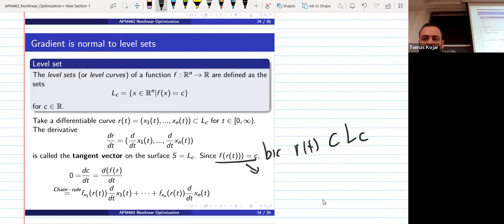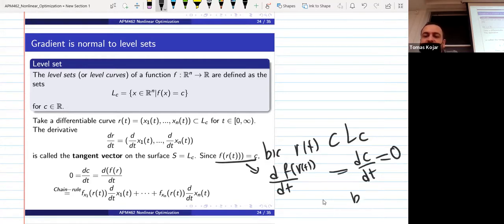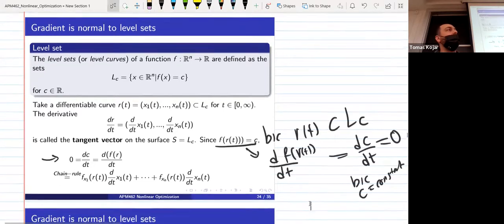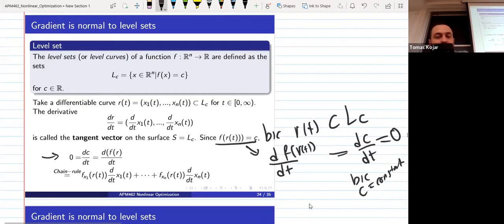So I'll do it here on the side again. d/dt of f of r of t equals d/dt of c, which is 0 because c is constant. Okay, so that's how I get the first line. The second line is called the chain rule or total derivative. Here we take the derivative of f, and then the t derivative of the first coordinate of r, which is x1.